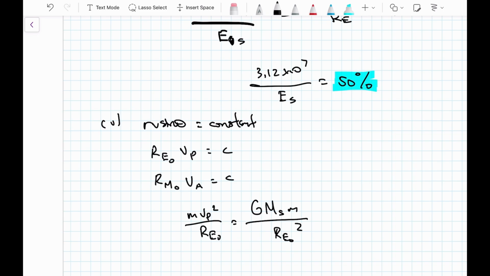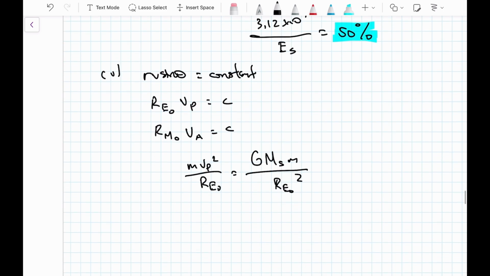So basically at this very instant, it is undergoing a circular motion, and for that circular motion, this equation must be true. So based on this, what you can do is cancel out the m's, and then we get VP is equal to the square root of GMS over REO.